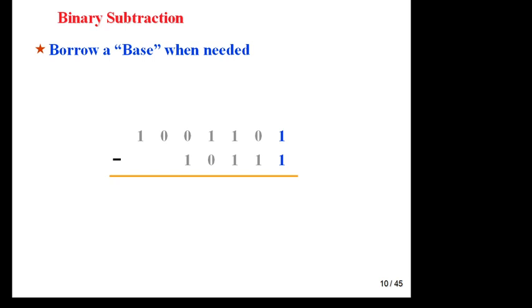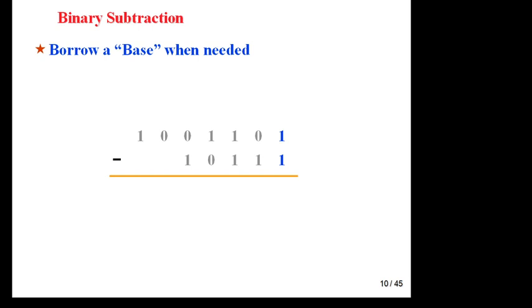For binary subtraction, you have to apply the reverse process of what you have seen in addition. While performing a minus b, or x1 minus x2, suppose the two digits are x1 and x2.